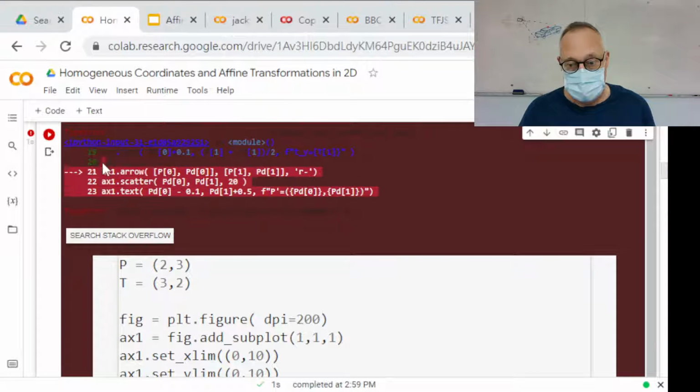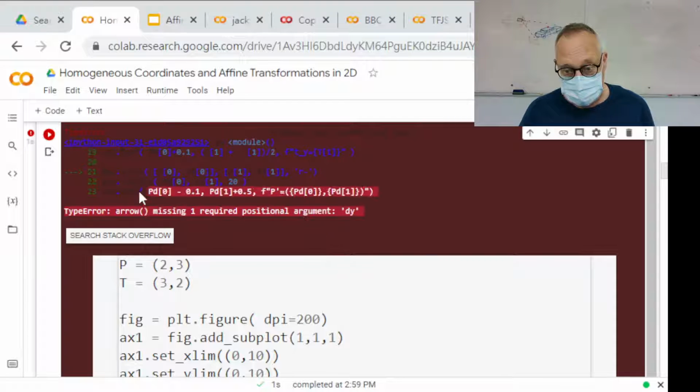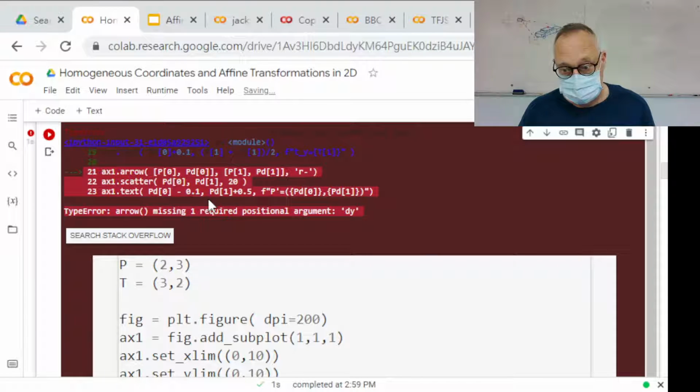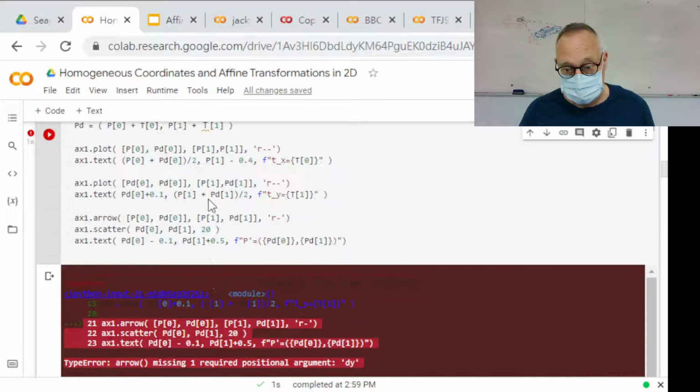And to make it a little bit nicer, we can use an arrow instead of a straight line.